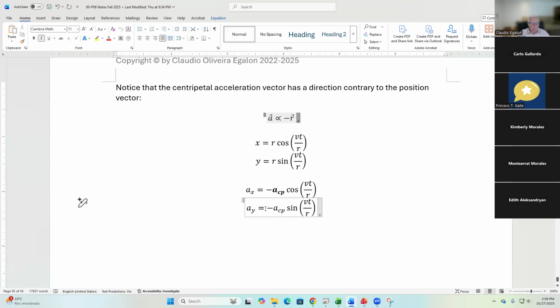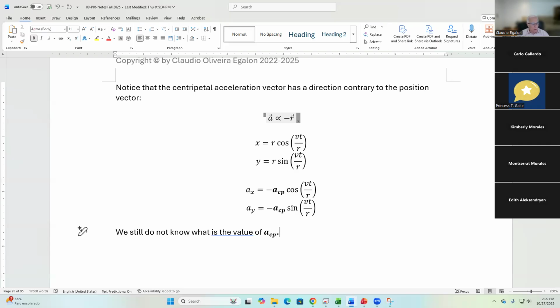Okay, and I'm going to boldface this term, just to emphasize that we still do not know what the value of this boldface term is. We still do not know what is the value of ACP, the centripetal acceleration.